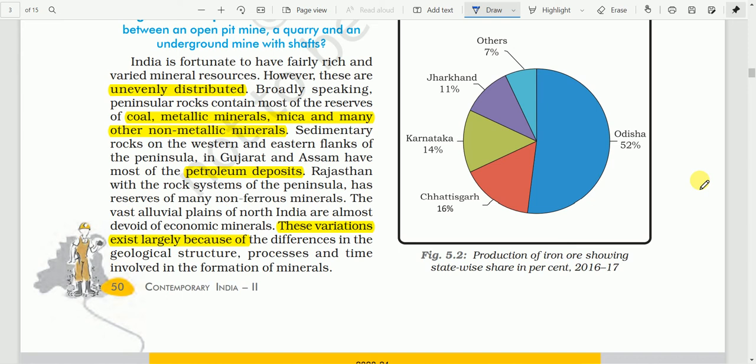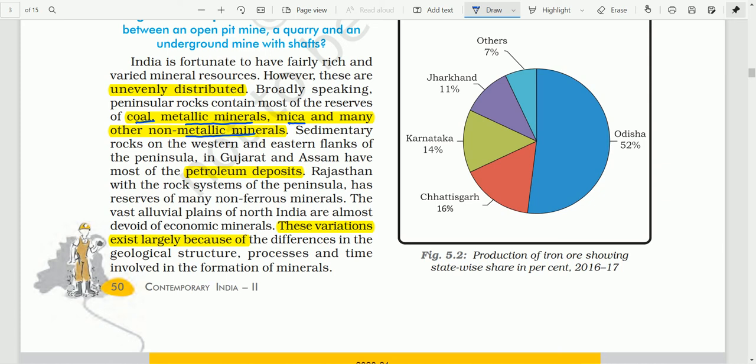In other states, we don't find any type of minerals. Broadly speaking, peninsular rocks contain most of the reserves of coal, metallic minerals, mica, and many other non-metallic minerals. So the peninsular plateau is rich in metallic and non-metallic minerals.